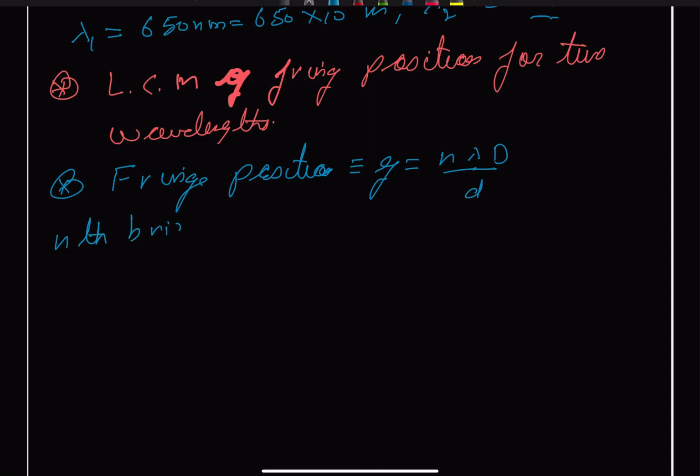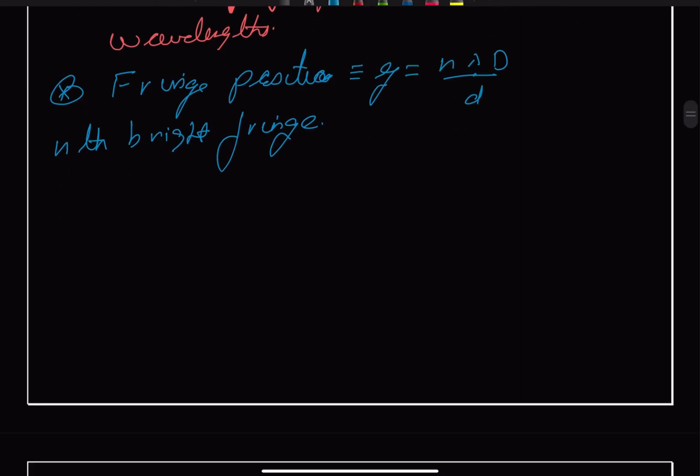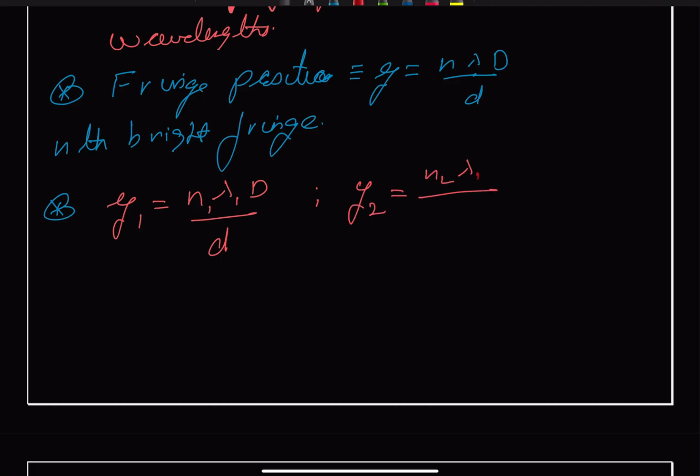If two wavelengths coincide, we can modify the formula. For the first wavelength, y1 is equal to n1 lambda 1 D divided by small d, and for the second wavelength, y2 is equal to n2 lambda 2 D divided by small d.